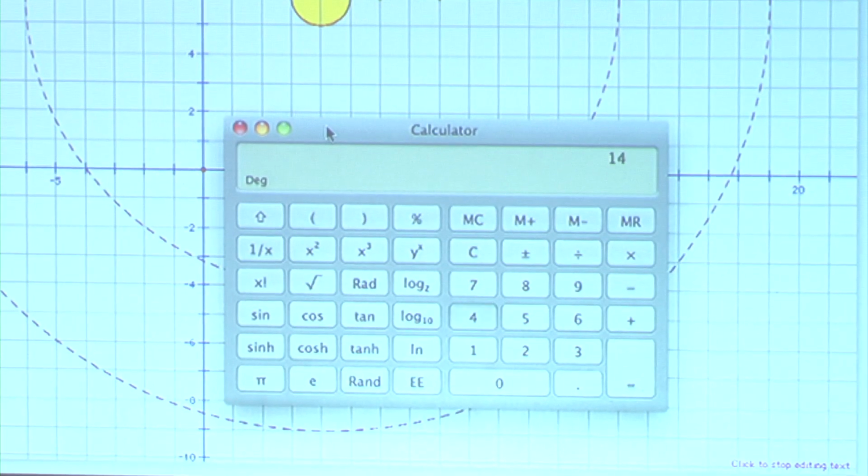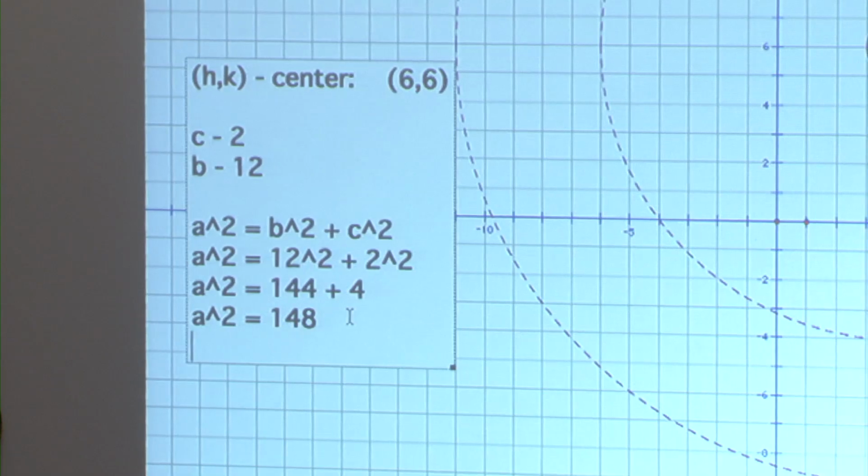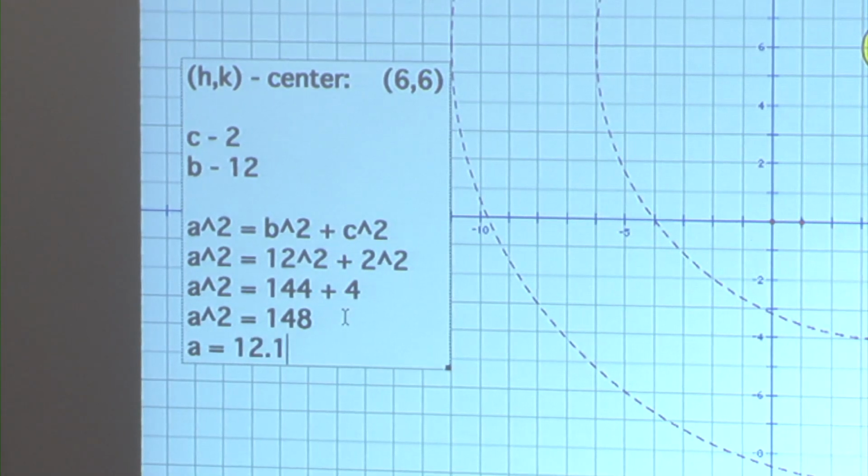Then you would take the square root of that.